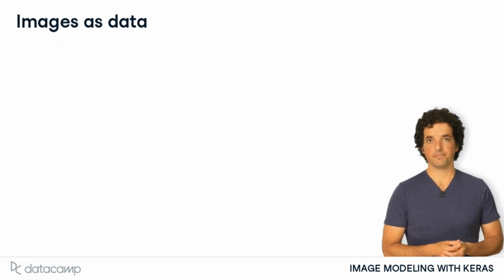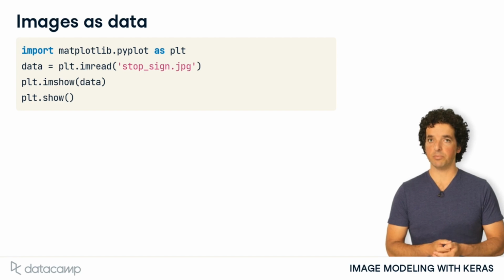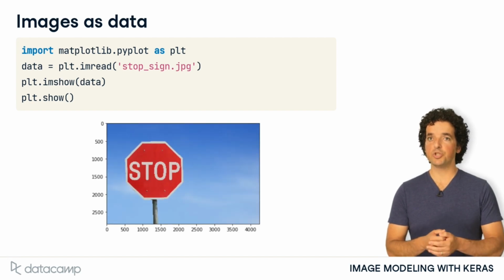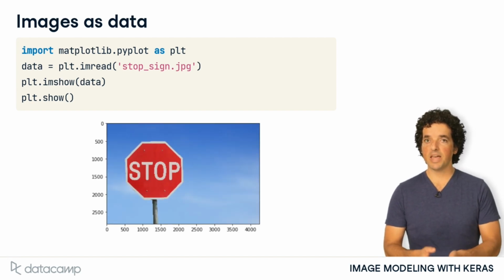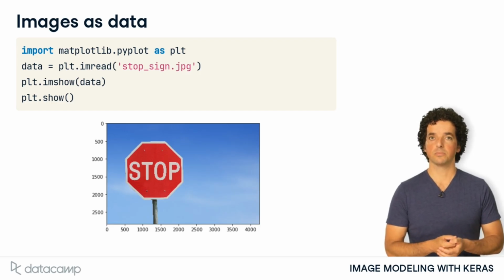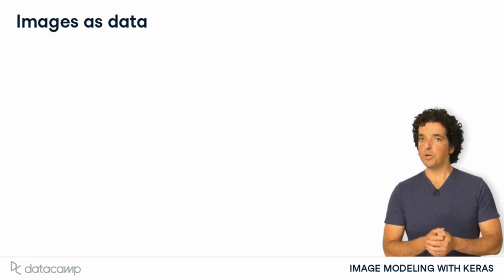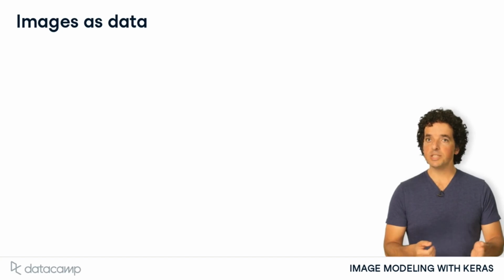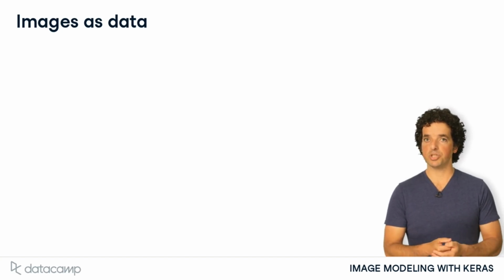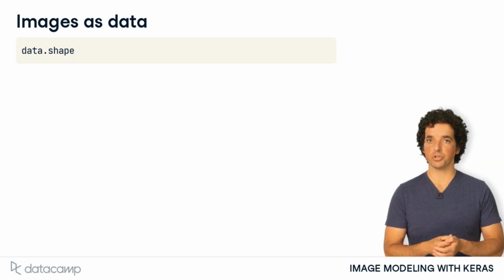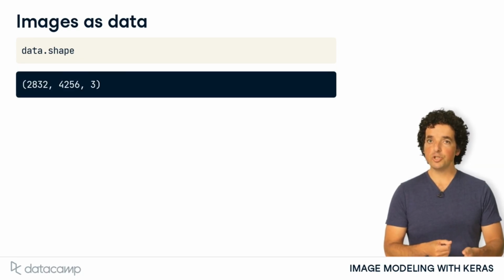Images contain data. Using matplotlib, you can import an image into memory from a file and then display it using a plotting command, as shown here. But the computer doesn't see the image. All it sees is an array of numbers. Color images are stored in 3-dimensional arrays. The first 2 dimensions correspond to the height and width of the image, the number of pixels.